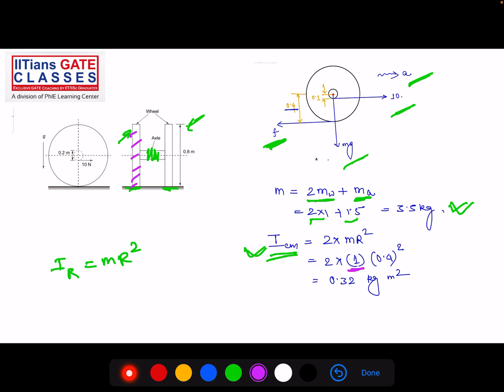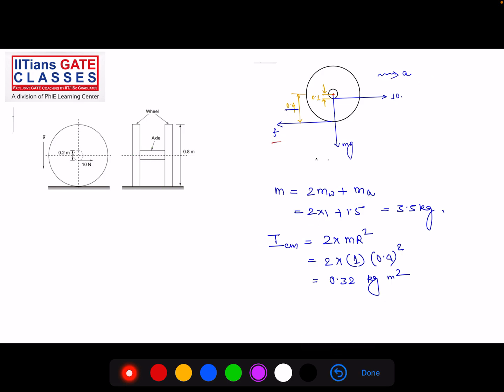What is r? The diameter is given as 0.8, so the radius of the wheel will be equal to 0.4 meter. So the moment of inertia is 0.32 kg meter square.